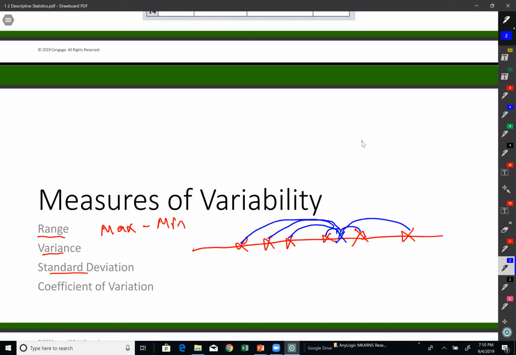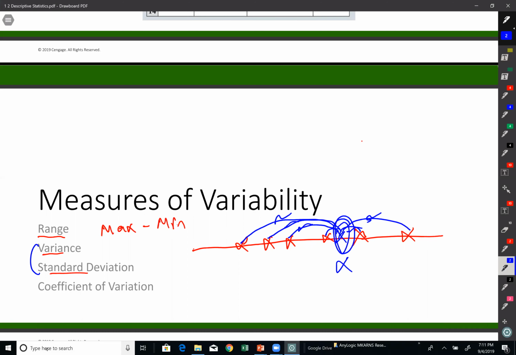So when I measure these four distances, that's pretty much what has to do with variance and standard deviation. Of course, if these blue arcs that I draw are long, that means that my average is really almost meaningless because the data is spread out.